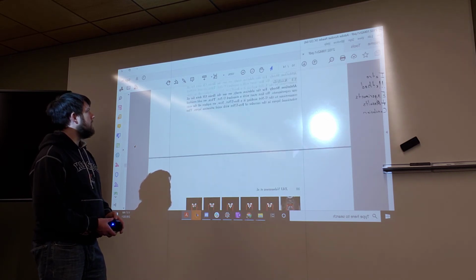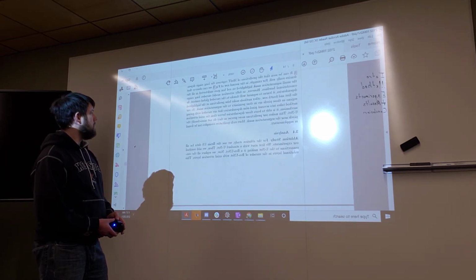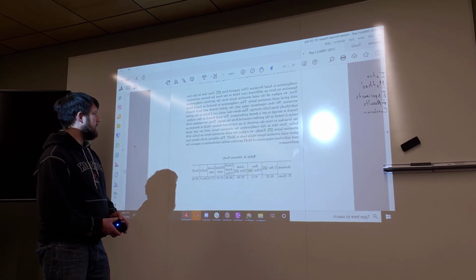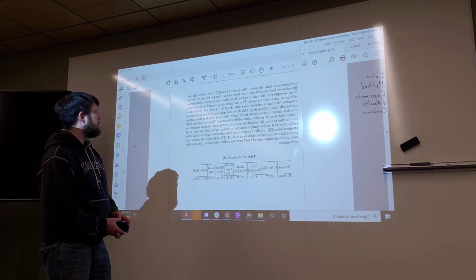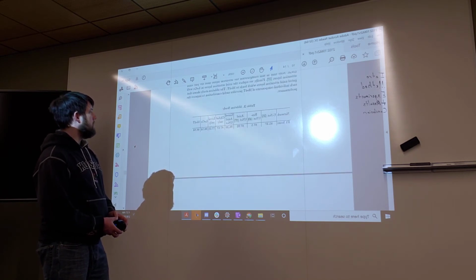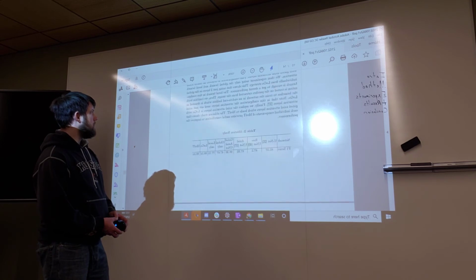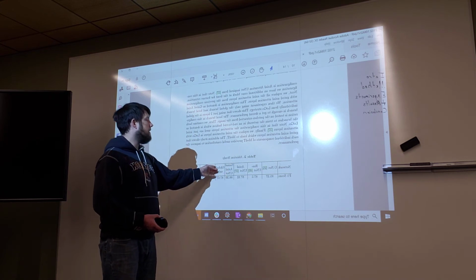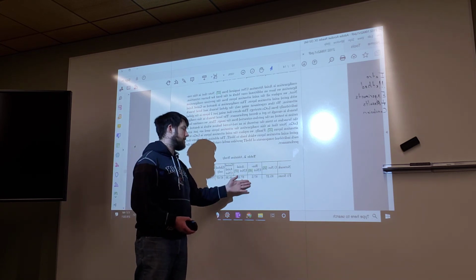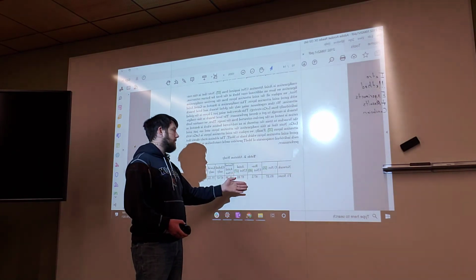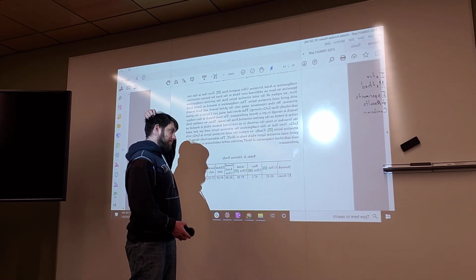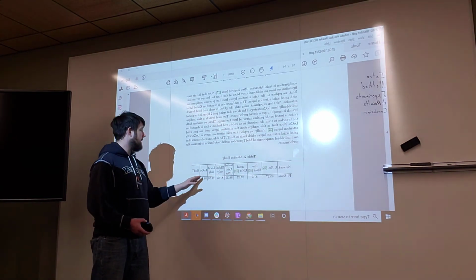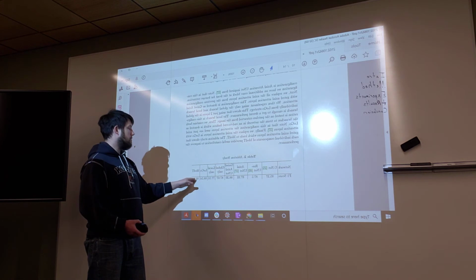So the first ablation study, I think they're looking at the LoGo results. The ablation study shows that each individual component kind of adds up to the final product being the best.